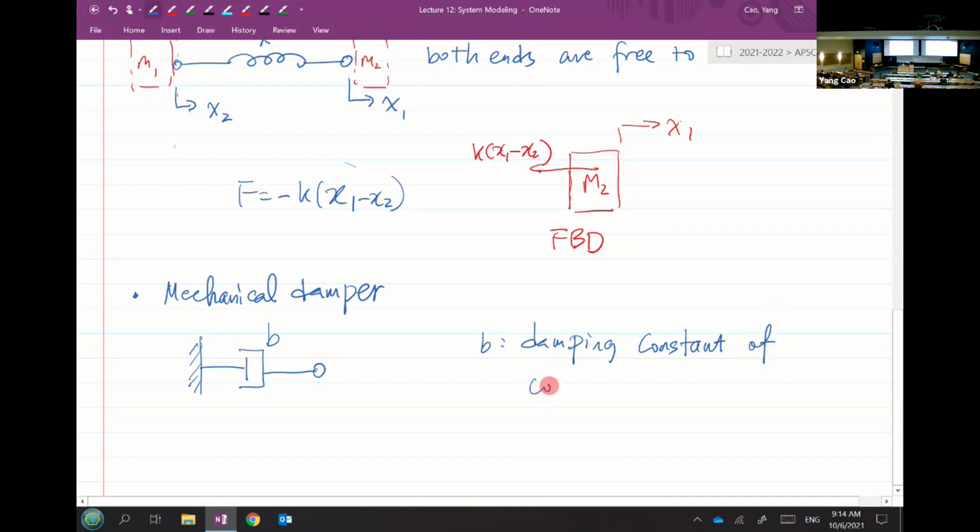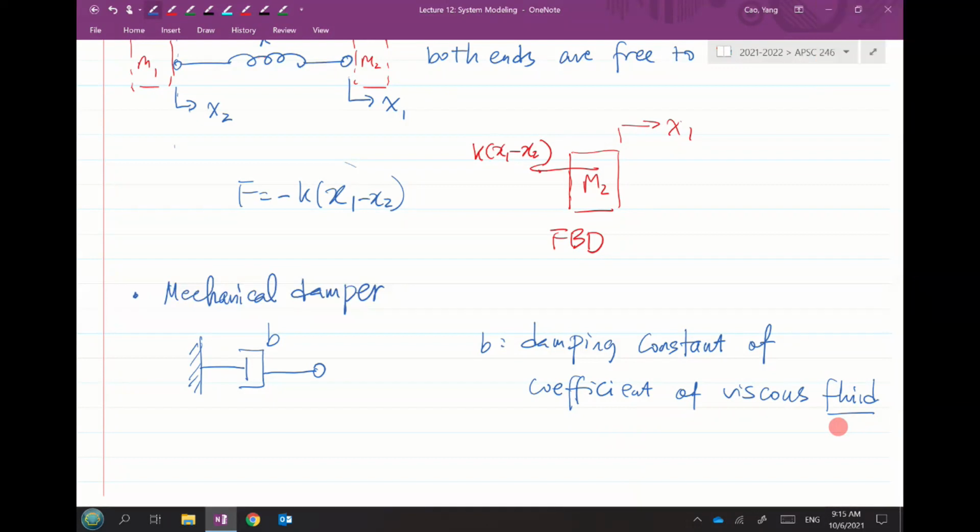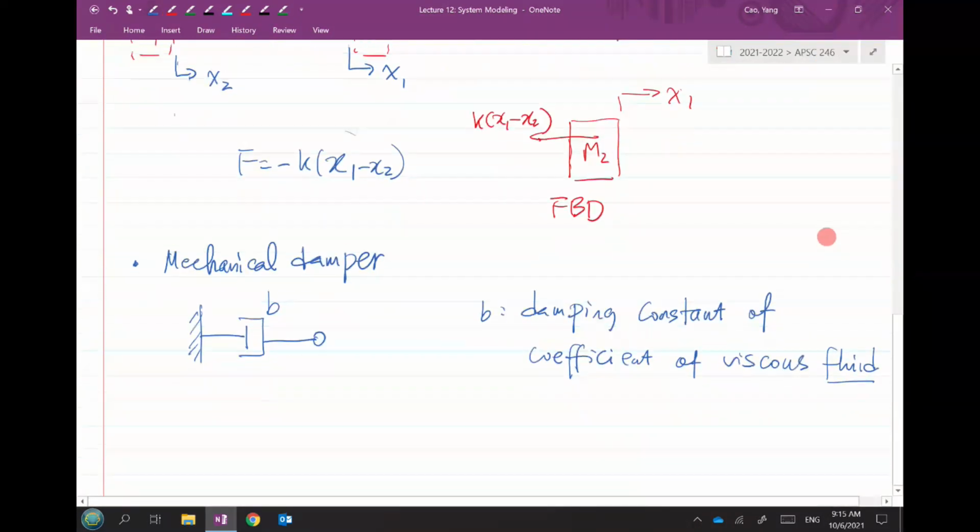Damping constant, or the coefficient of viscous friction. Okay.